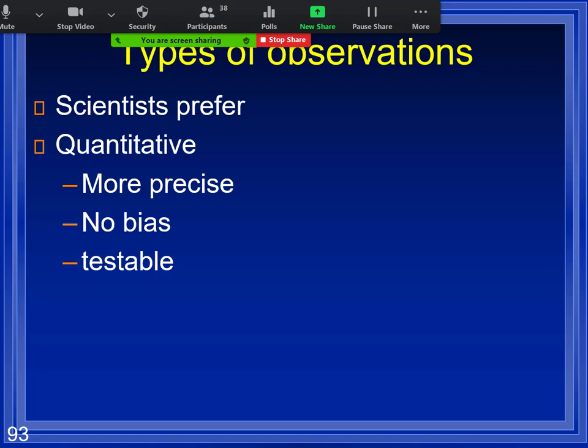Okay, so I'm going to try something that we haven't tried. Well, we did try it. You just didn't know we tried it because it didn't work. Okay, so let me get over here. Find my mouse. Let's try this.